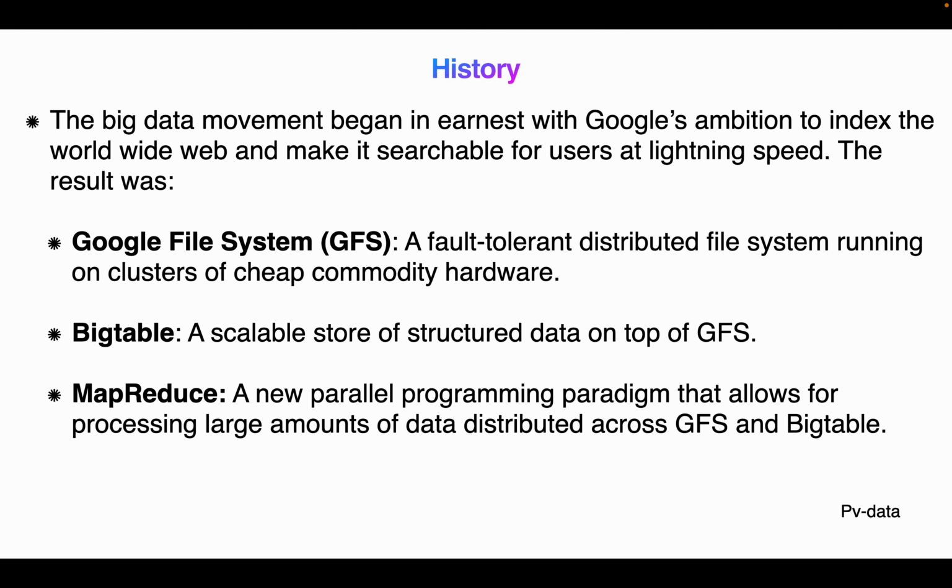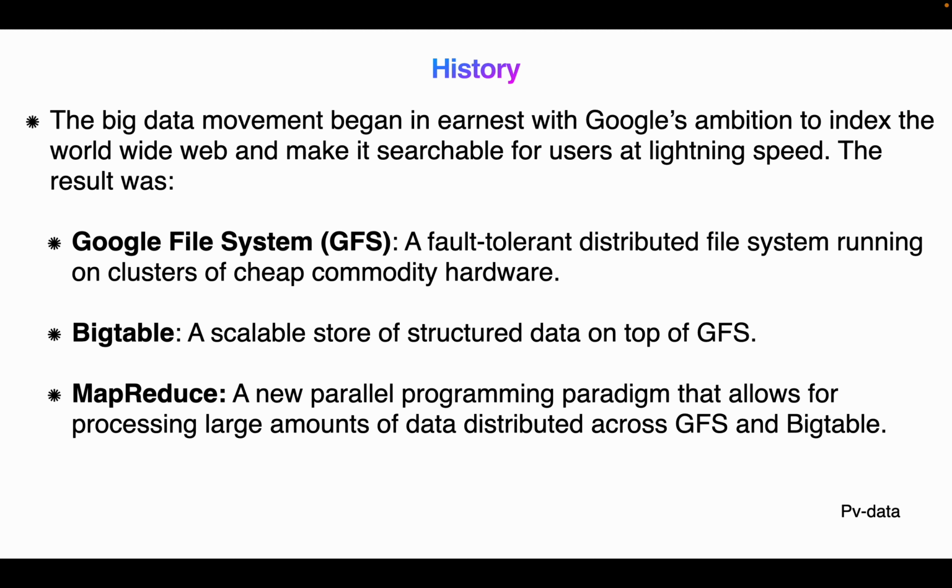The Google File System is similar to the Hadoop file system. It is a fault tolerant distributed file system running on a cluster of cheap commodity hardware. There are many computers connected to each other, and fault tolerance means they keep a copy of each piece of data on three computers. There is a separate topic where you can learn about GFS.